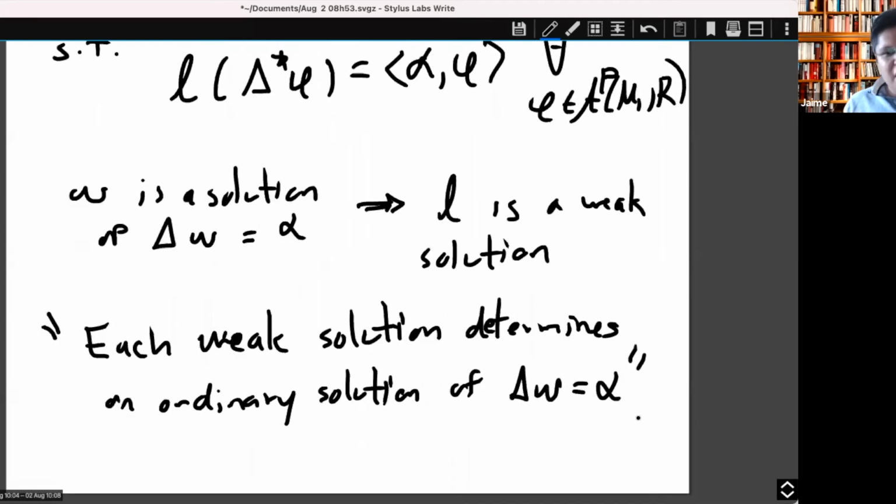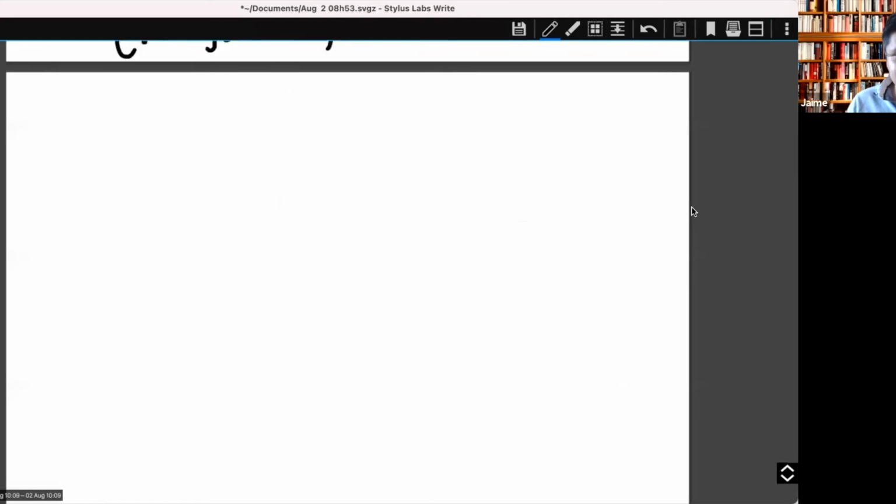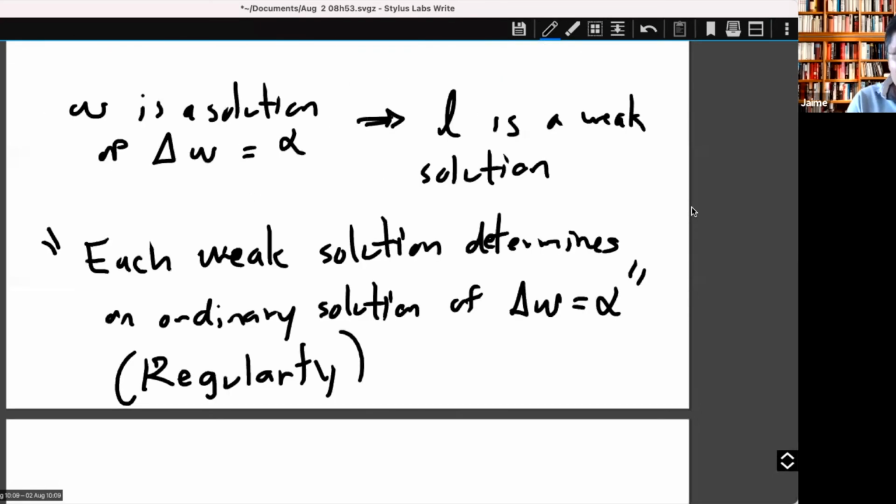I'm going to put this very vaguely because we're going to be clear about this, but this is a very important property that is called regularity, right? So whenever you want to find the solution to the Laplacian equation in a Riemannian manifold, you can just look up weak solutions for the Laplacian equation. That's the yoga, that's, let's say, the way we do it.